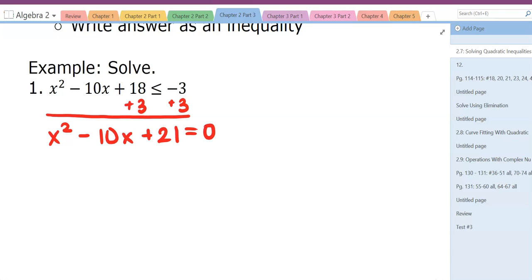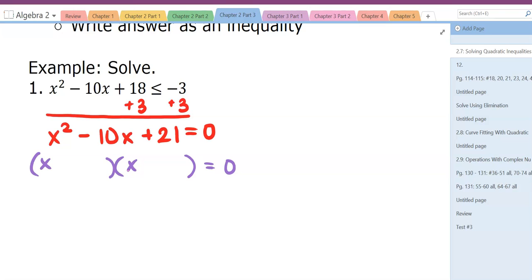Because this one just says x squared, there's no number in front of the x squared except for that 1, I'm going to try to factor this. So I'm going to go ahead and just drop x's into each set of parentheses. Now, can you think of two numbers that would multiply to 21 and add to negative 10?